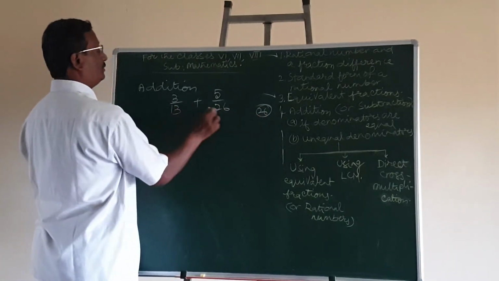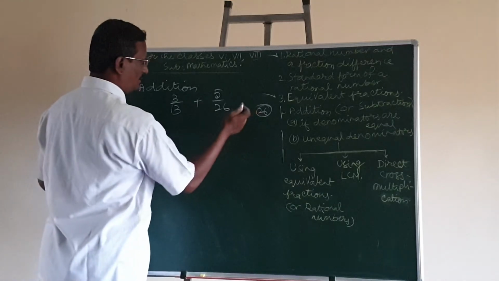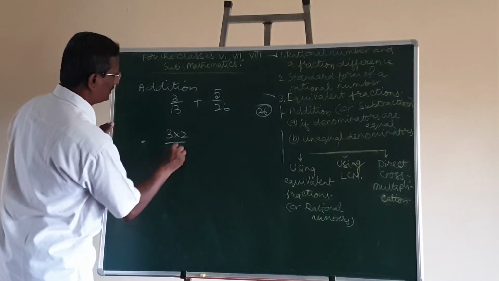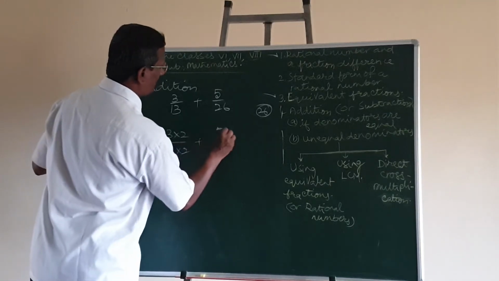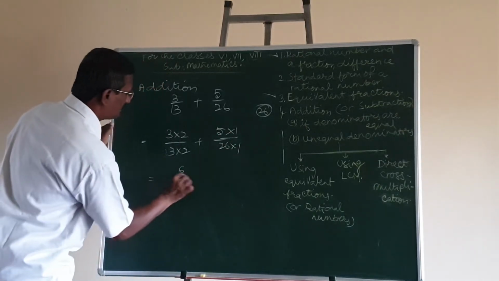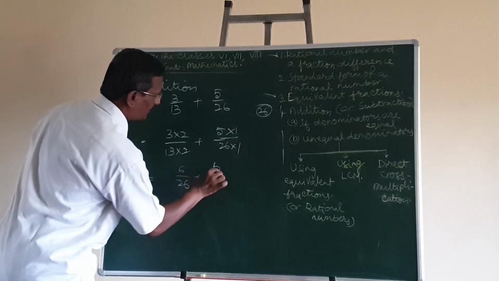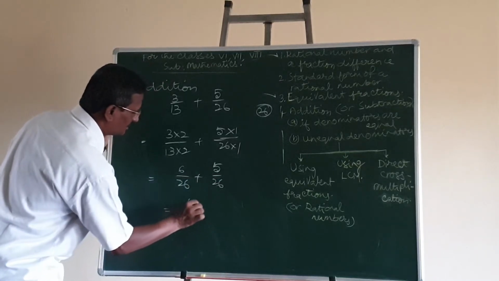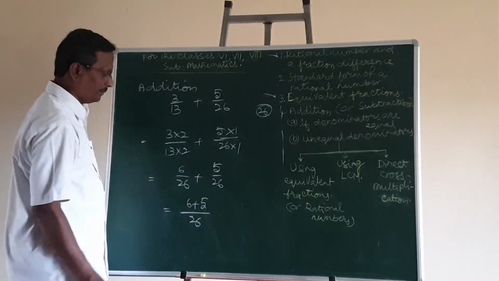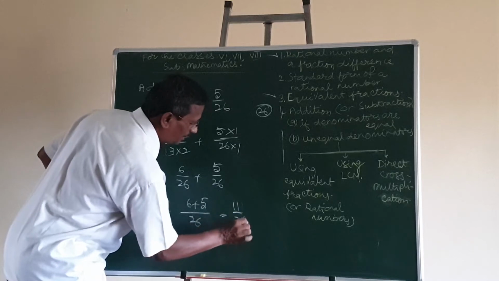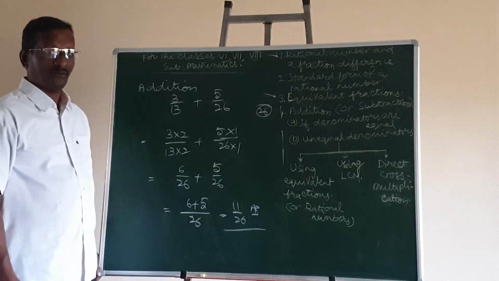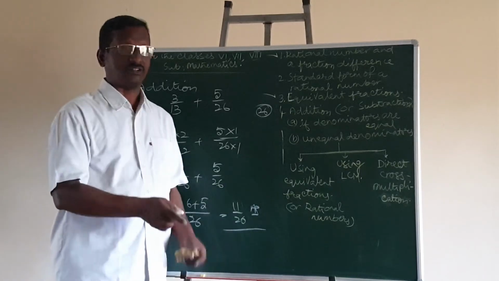To make the two rational numbers have denominator 26, we write 3 into 2 upon 13 into 2 plus 5 into 1 upon 26 into 1. This is 6 upon 26 and 5 upon 26. This is 6 plus 5 upon 26. Just like the previous case, with the common denominator, 11 upon 26 is the answer. It's so simple. We will take another example where the rational number is not in standard form.